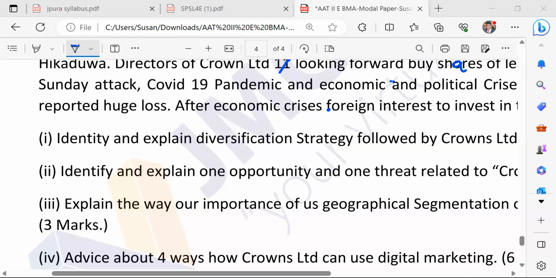And people coming from countries like the UK and USA can buy more expensive products. Then this is very important. Segmentation is important to a tourism company. Explain the importance of geographical segmentation. That is the third answer.